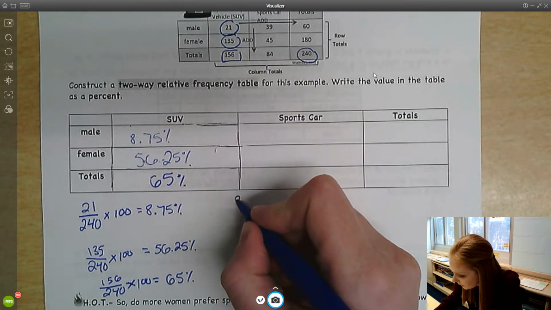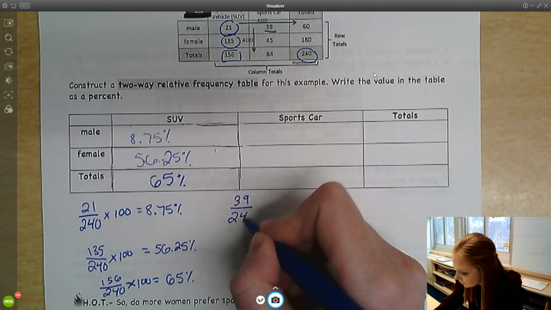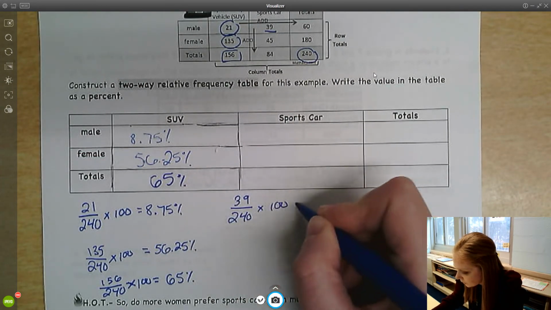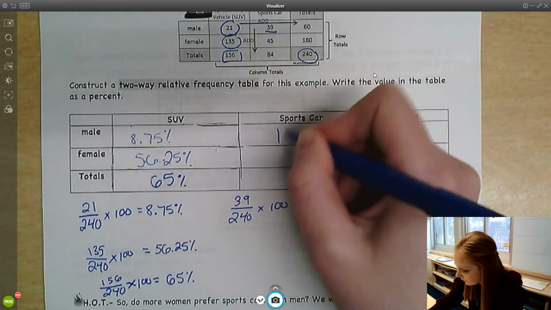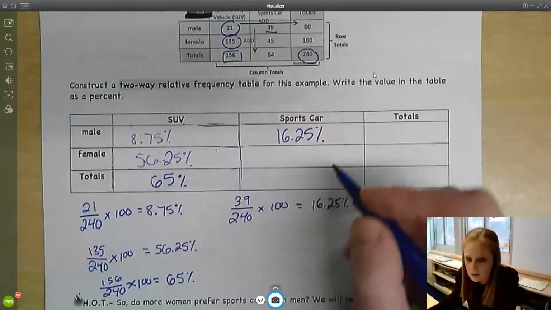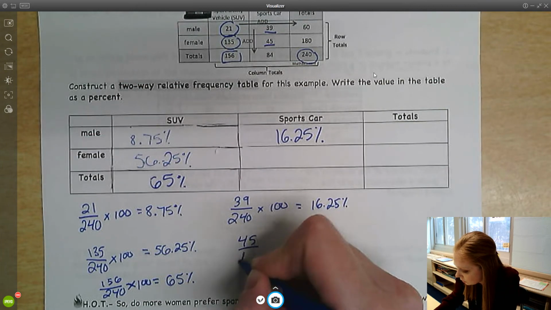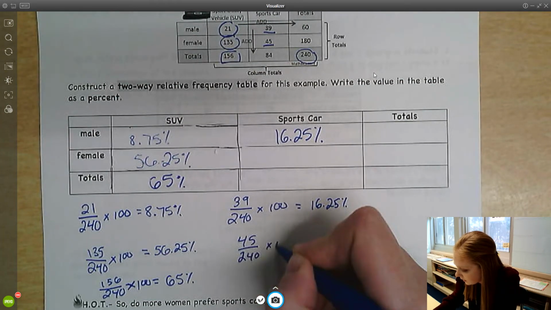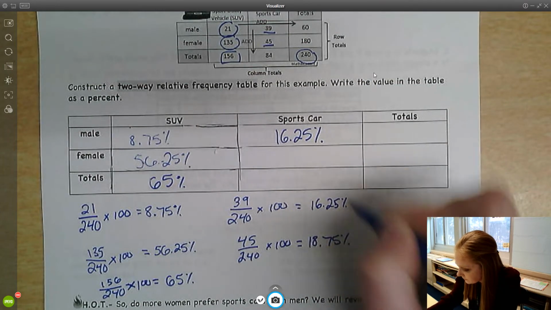Okay, for sports car, we have 39 males that chose sports car out of 240. We're going to multiply that by 100 and get 16.25% males chose sports car. Then we're going to take the 45 for the females, divide that by our total number of students surveyed, and then multiply by 100 to convert it to a percent.